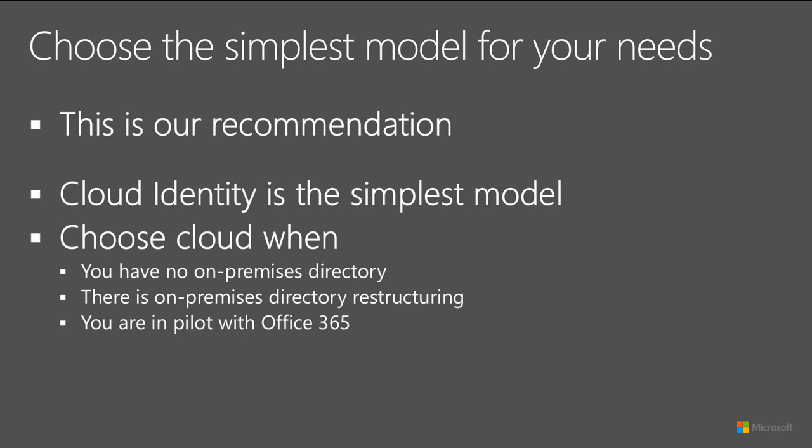Use cloud when you have no on-premises directory, as I mentioned, or in a scenario where there's on-premises directory restructuring going on, it's a great way to still get moving up in the cloud and getting things going. And also for your pilot. If you've got a pilot going, using the Cloud Identity model is the way to go for your Office 365 pilot.